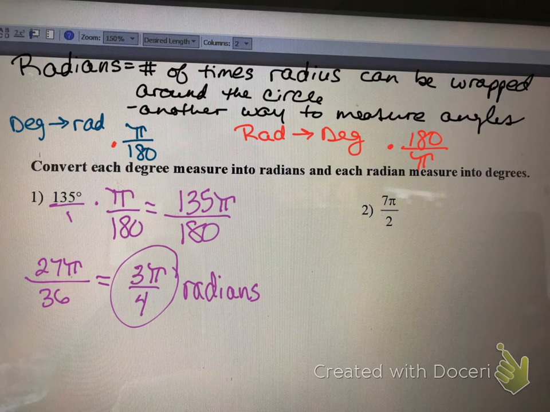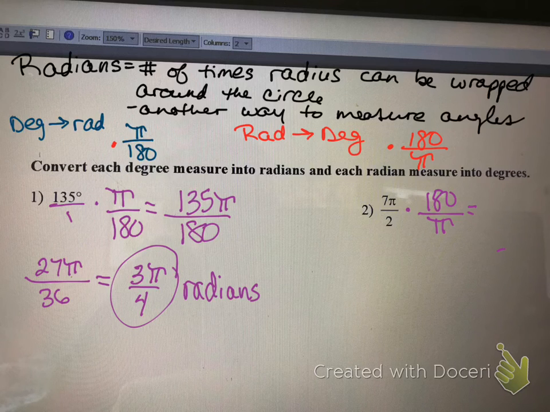So let's take a look at our next one. The next one we have 7 pi over 2, so that is in radians. I want to convert that to degrees. So for this case, I'm trying to get degrees, so I put the 180 on the top over pi, and I multiply straight across the top, straight across the bottom.